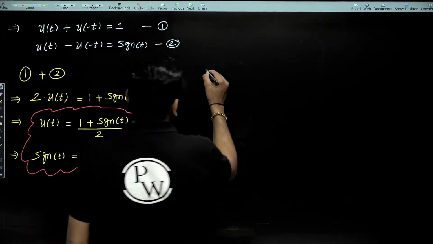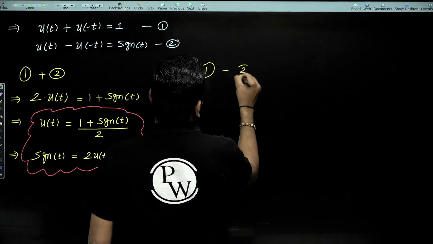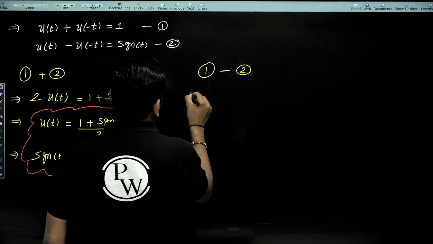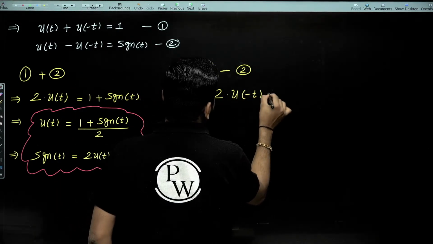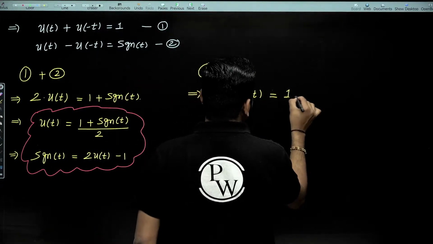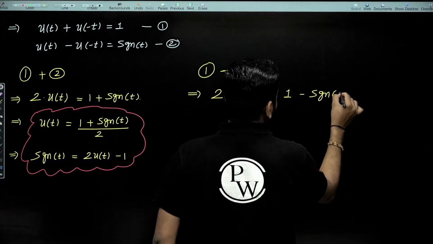Similarly, if you do subtraction, equation 1 minus equation 2, it will be 2 times u of minus t is equal to 1 minus Signum of t.